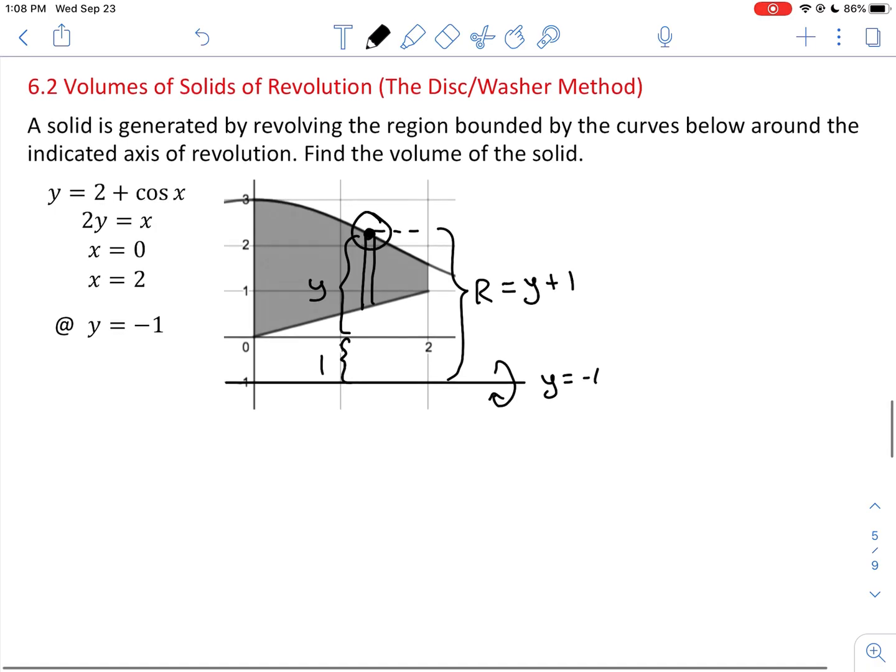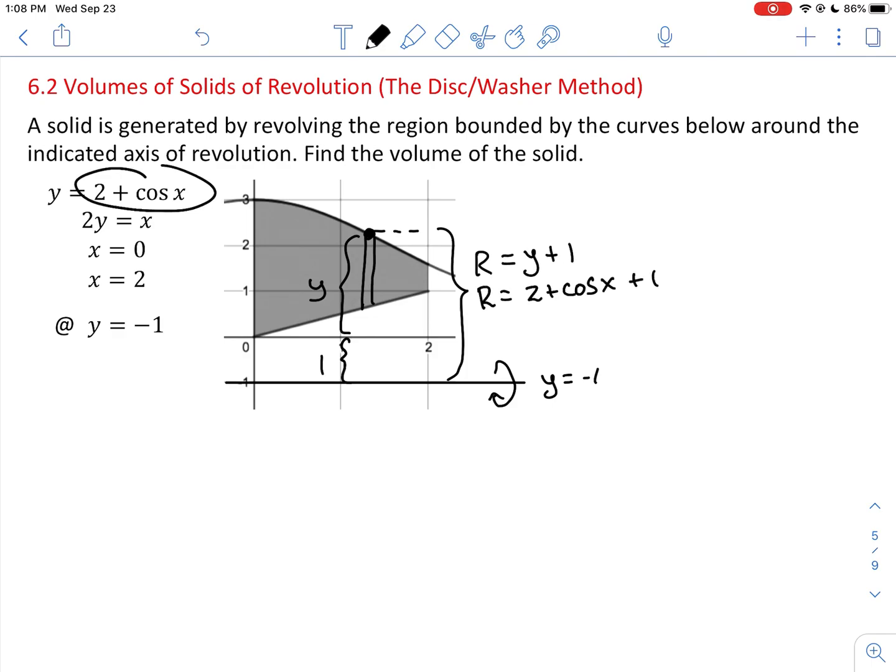But we're focused on the y-coordinate of which curve? We have to make sure we look to the right curve, and the y-coordinate of this upper curve is 2 plus cosine of x. And so big R is going to be this y-coordinate plus 1, 3 plus cosine of x, just like last time. Okay, so now let's focus on little r. Well, here's a different point on a different curve.